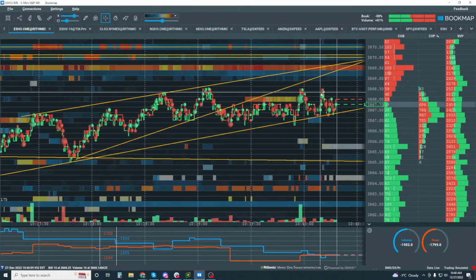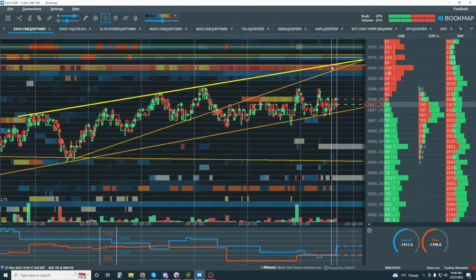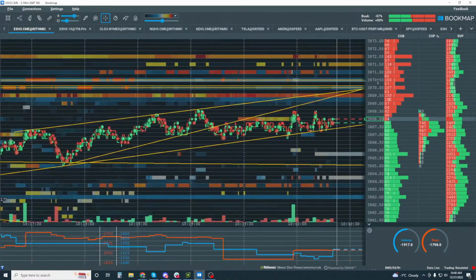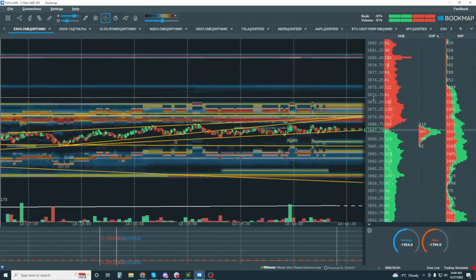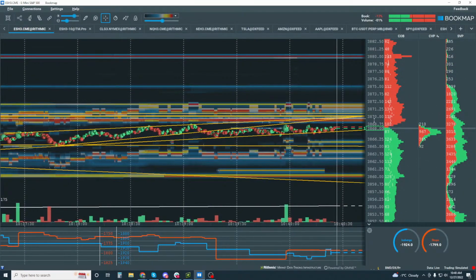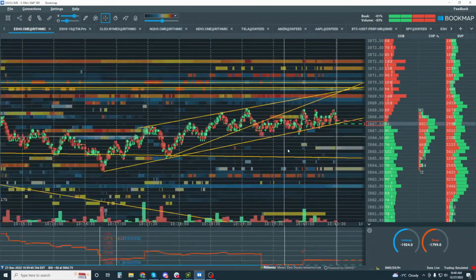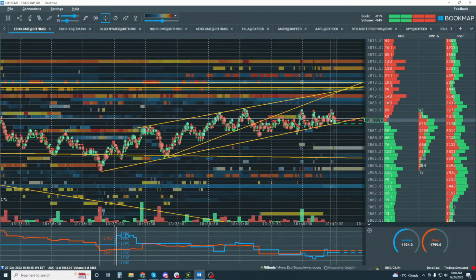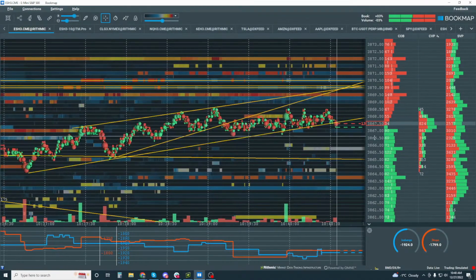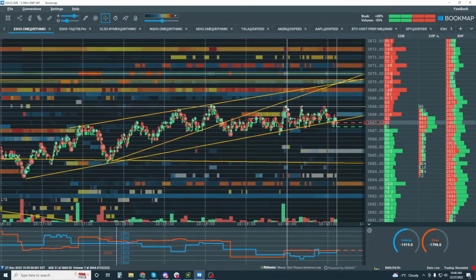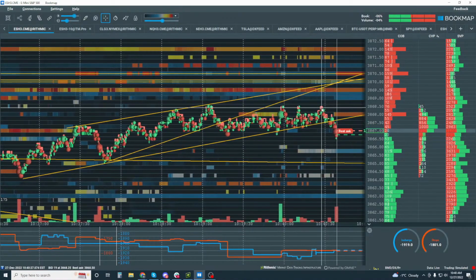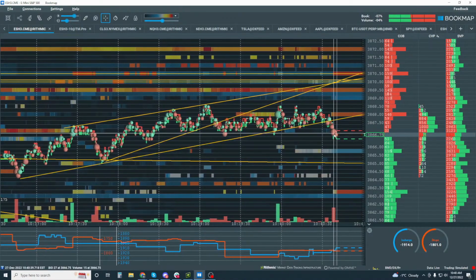Okay, it would be more probable that we'll get our move into 69, 70, 75, 80 level up here, that target we were looking at earlier in that gap fill. Yeah, and I'm not seeing those buyers up here. It just exhausted out. So we're going to get some sellers in here.